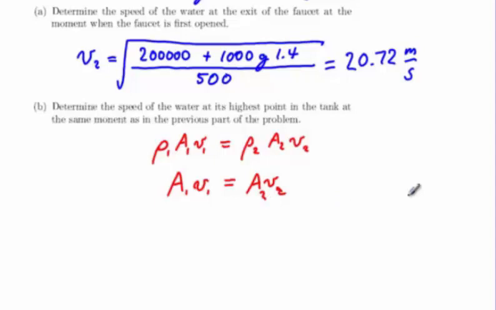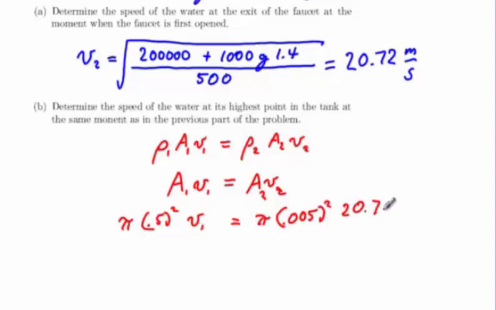Both location 1 and location 2 are circular apertures, and so their area is pi times their radius, 0.5 meters at location 1 squared, and 0.005 meters at location 2 squared. And filling in the terms, the unknown velocity at location 1 can be determined using the known velocity at location 2, solved for in the previous part of the problem as 20.72.